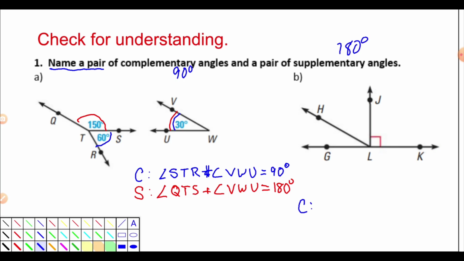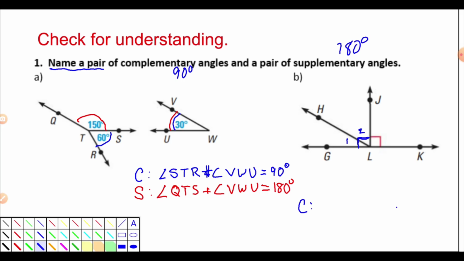But if we go on the other side of this problem, we know that these are 90 right here, and so that means that these two angles, let's call this angle 1 and angle 2. These angles, angle 1 and angle 2, they have to add up to 90. I don't know what they are, but I do know they add up to 90. So I'm going to write this one in.